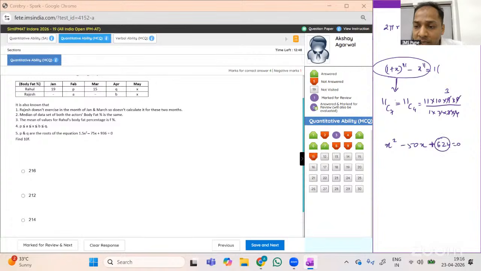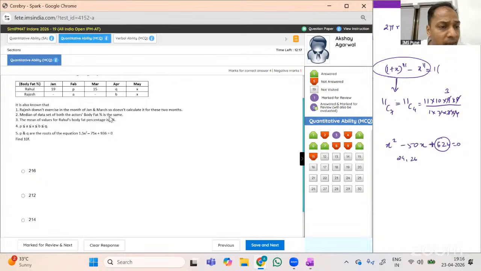Two numbers whose multiplication is 624: 625 minus 1, that's 24 into 26. So 24 and 26 are the two roots that we will be looking for. P and Q are 24 and 26. A, X, and B lie between 24 and 26. The median of Rahul's data would be 19, 20, 15, 19, 24, 26. 15, 19, 24, 26.